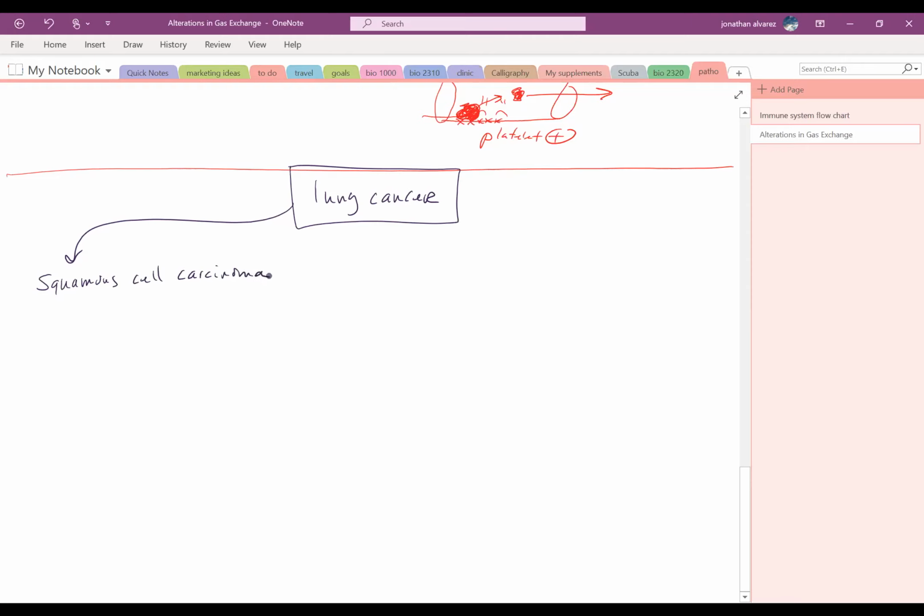Okay, squamous cell carcinoma. This one usually takes place at the hilus, or hilum, of the lung. The hilus or hilum means like a root pluck.